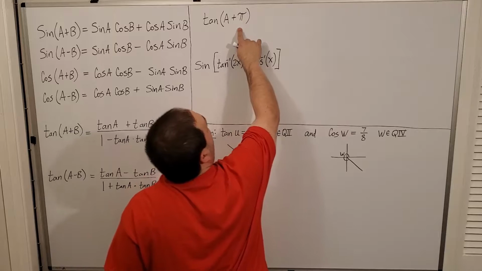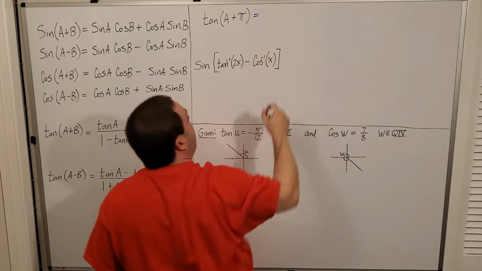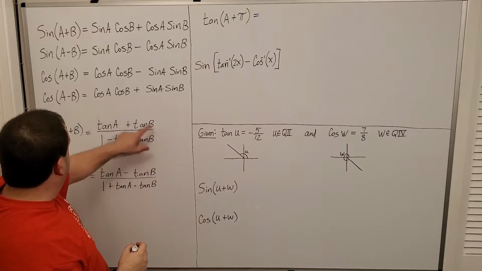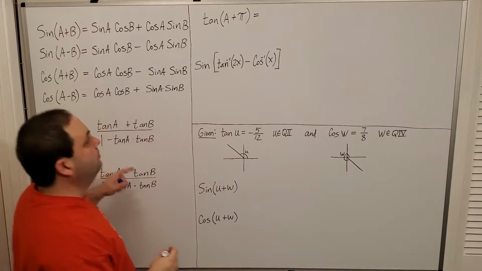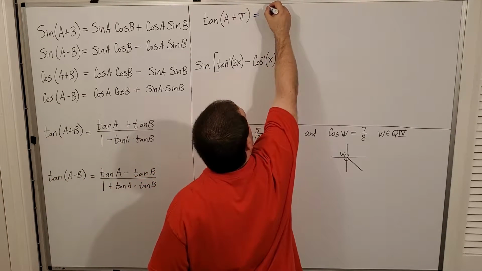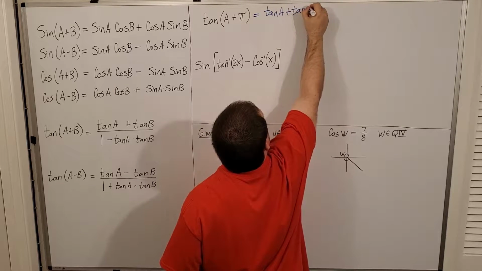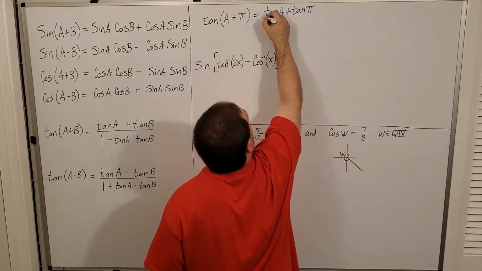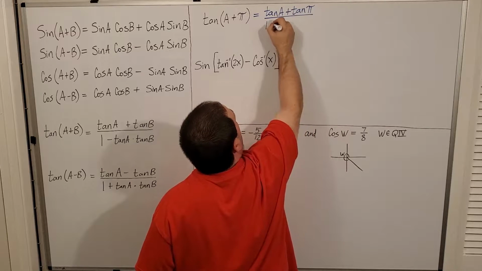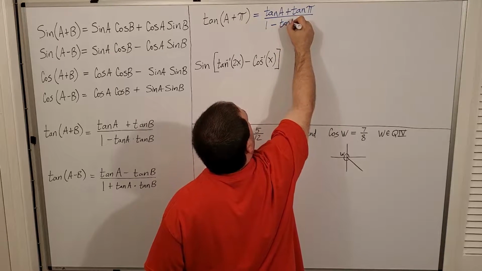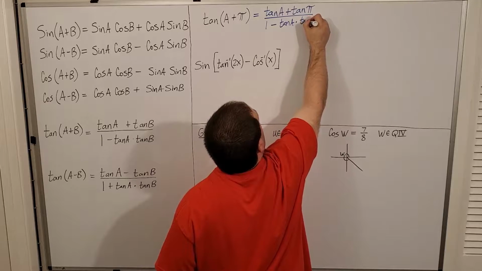Tangent of a plus pi would be equal to tangent, I'll use the a plus b form here. So that's going to be tangent of a plus tangent of pi over 1 minus tangent of a times tangent of pi.